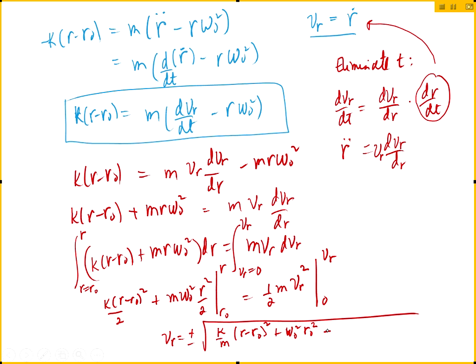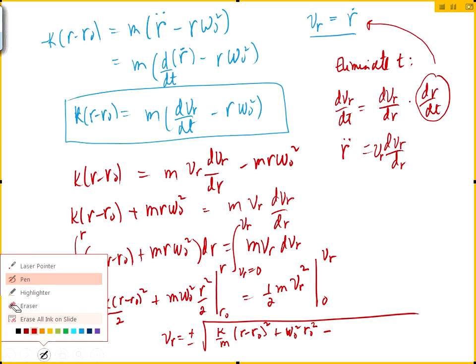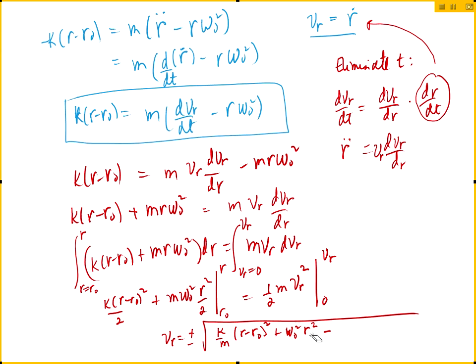The 2 is gone. And at the lower limit, it would be minus. The first term is going to 0, because r equals r naught. And then the second term, whoops, this one's wrong. This doesn't have an r naught. This one here has an r naught. Did I do that correctly?